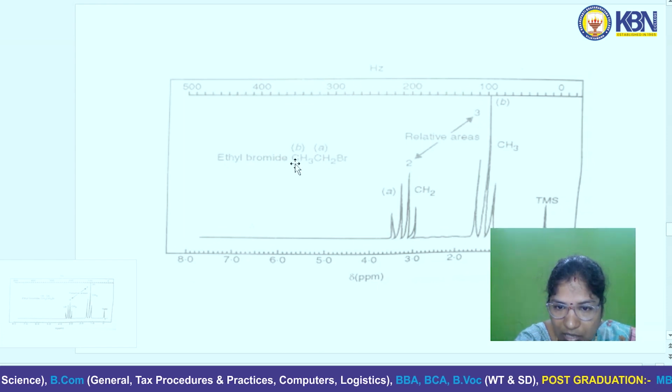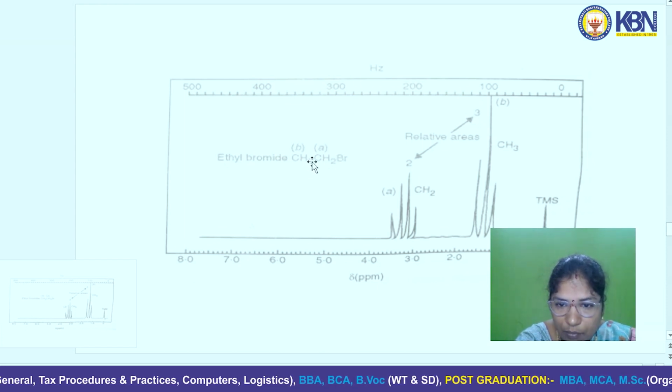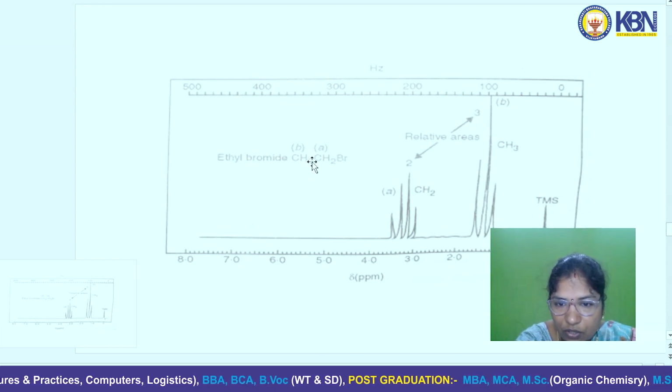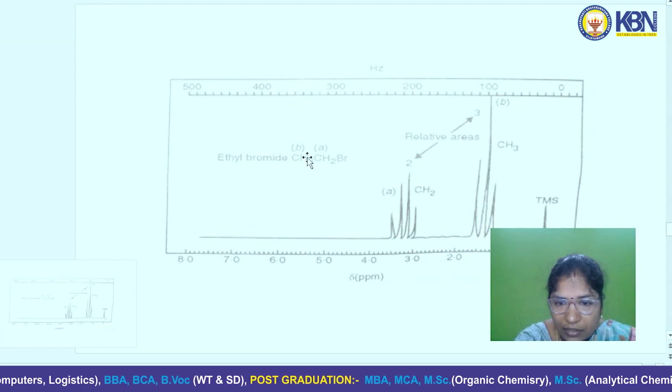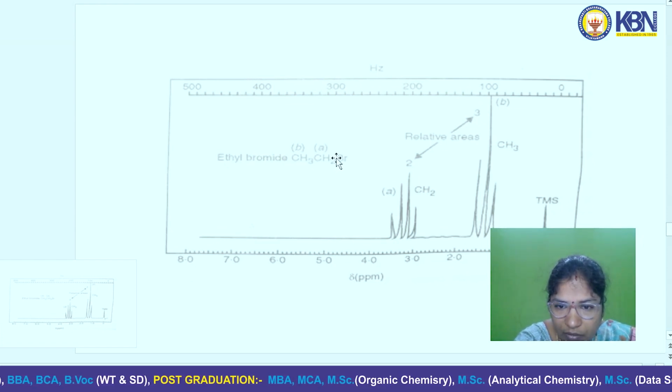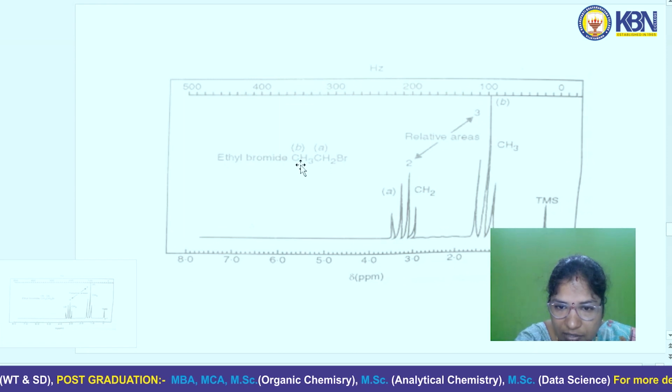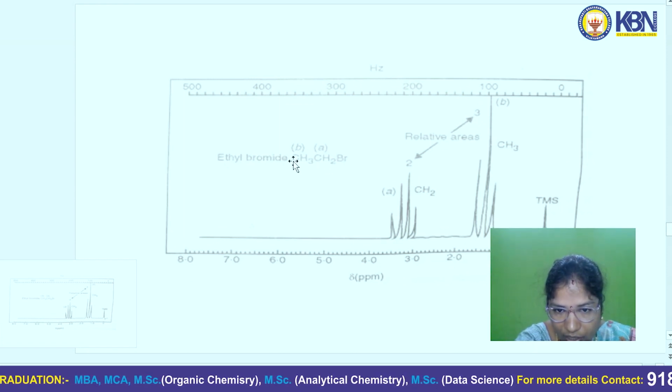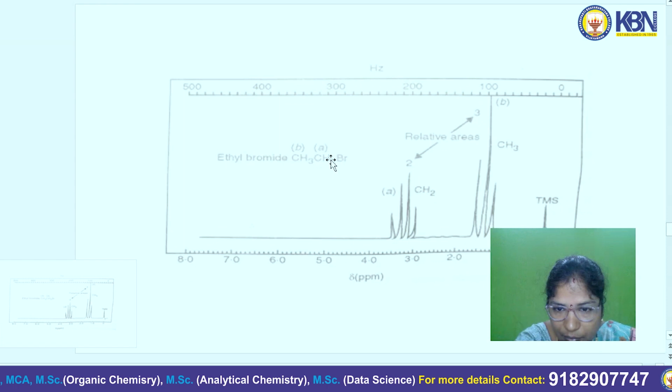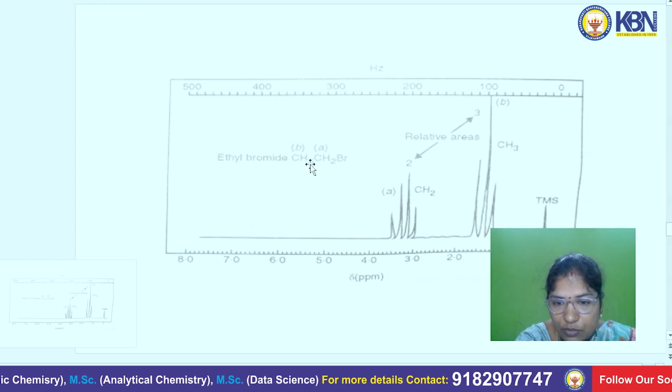For the A set of protons, the number of neighboring protons is 3, so 3 plus 1, and it is observed as a quartet. The B set of protons has 2 neighboring protons, so 2 plus 1, and it is observed as a triplet. So the A set of protons is observed as a quartet and the B set as a triplet.